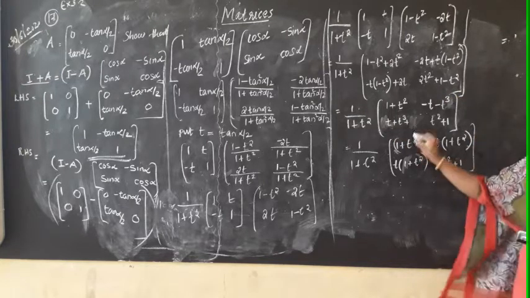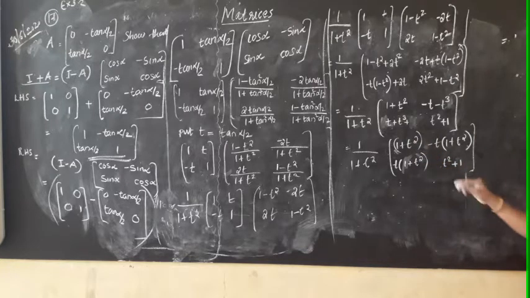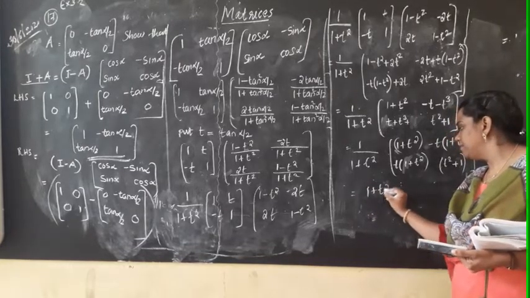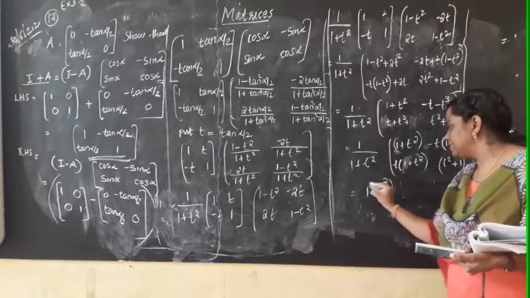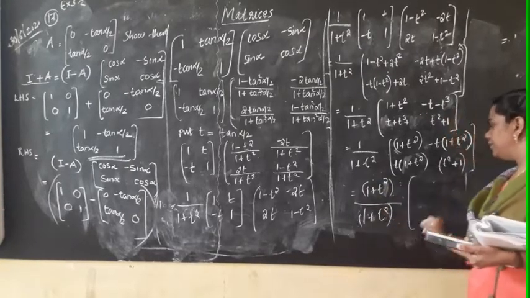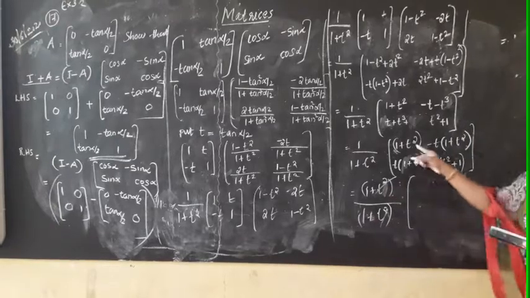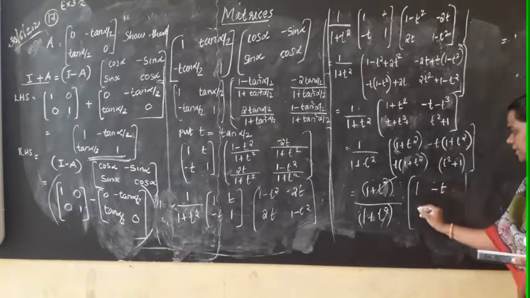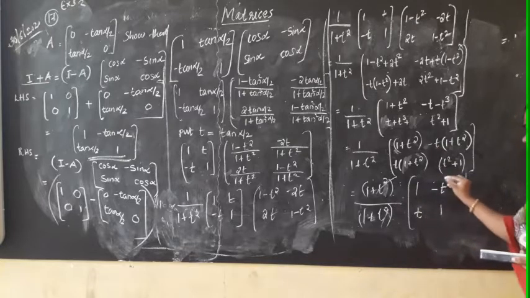Here everywhere you can see 1 plus t square. You take 1 plus t square out of the bracket. 1 plus t square divided by 1 plus t square into, that will get cancelled, into here it is 1. Here it is minus t. Here it is t. And here it is 1.